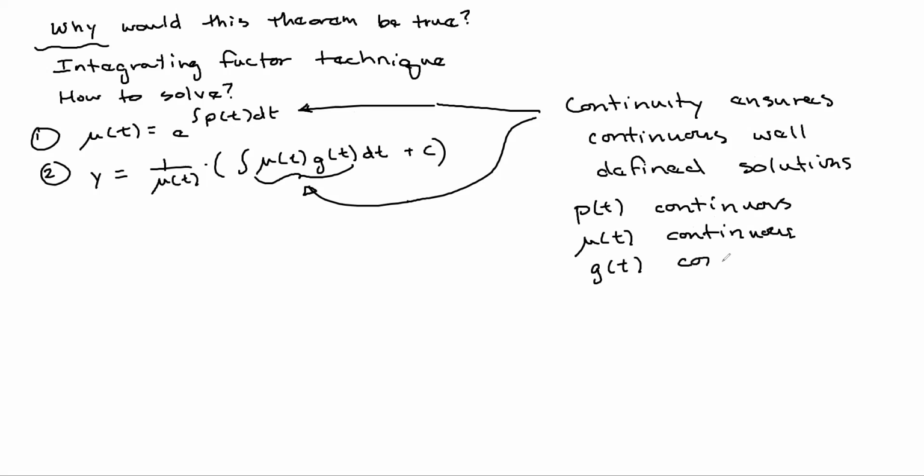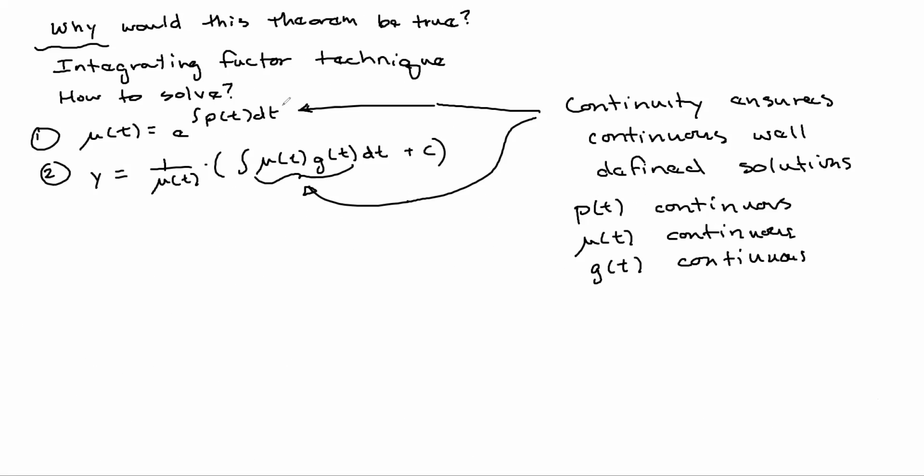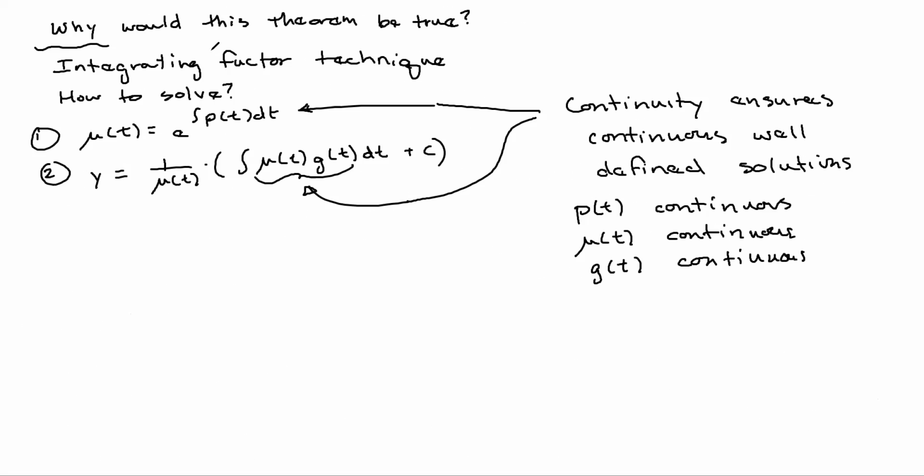And so that's where you can explore the theorem and come up with the thinking, and that is that if p and g are continuous and you have this problem, then you say, all right, let me use my integrating factor technique. What does it force me to do? Well, it forces me to integrate p. If p is continuous, I'm guaranteed to get a nice mu.